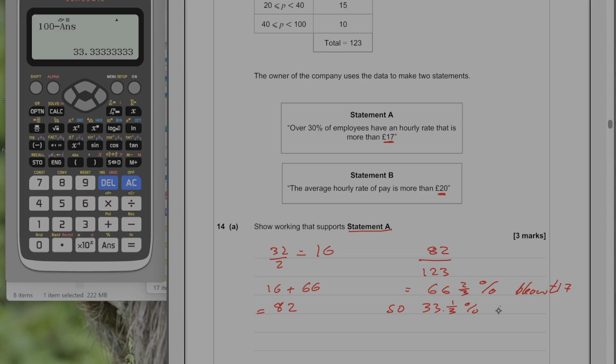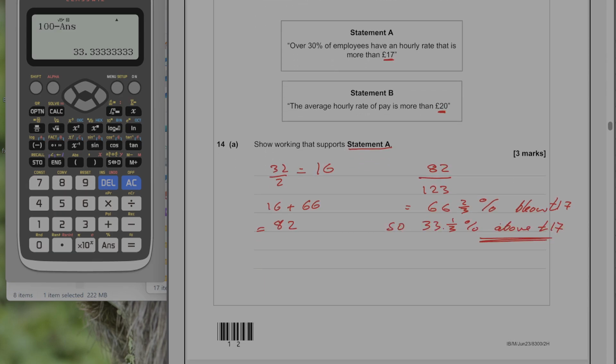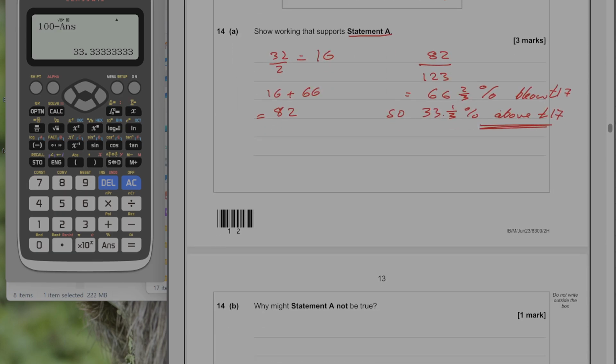So over 30% of the employees have a rate more than 17, so 33 and a third percent above £17. So that average supports that statement.